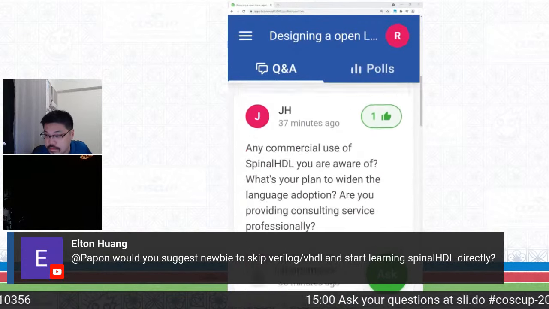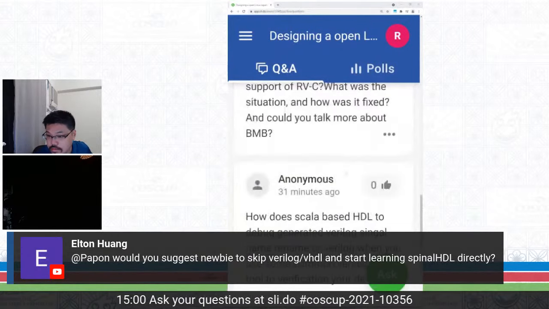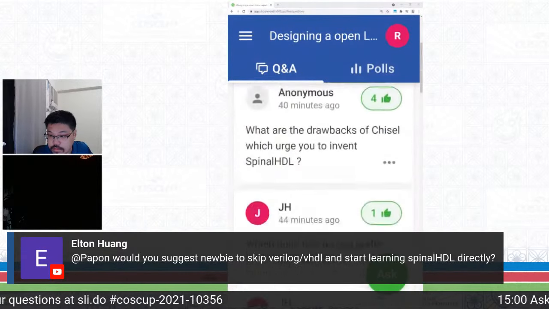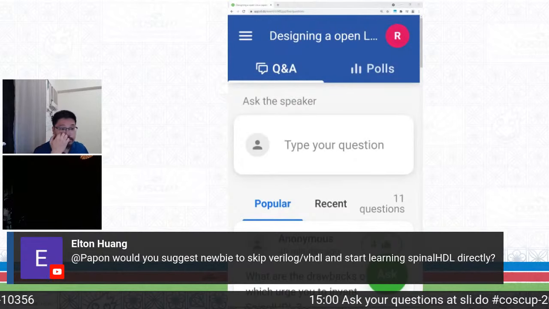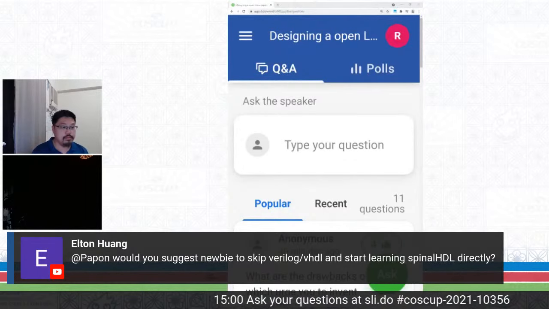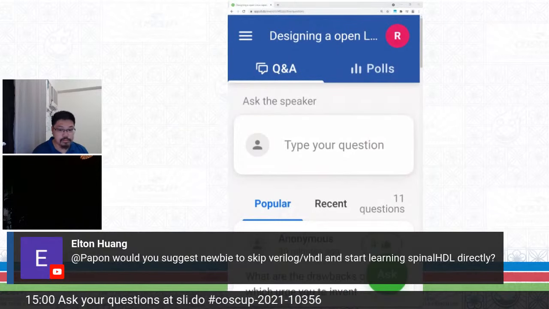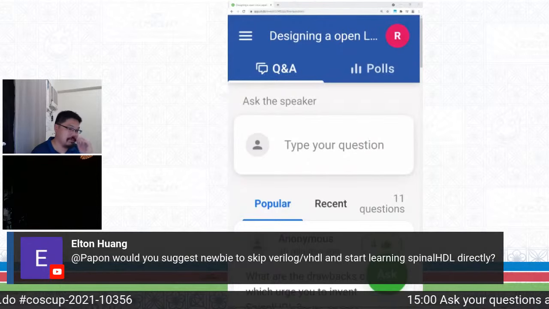A newbie can start directly with SpinalHDL, because in some ways SpinalHDL is much less abstract about what it infers in the hardware. In VHDL and Verilog, it's a bit nasty. You have to infer things depending on where they are written, and they have different behavior. You have the whole event-driven paradigm.